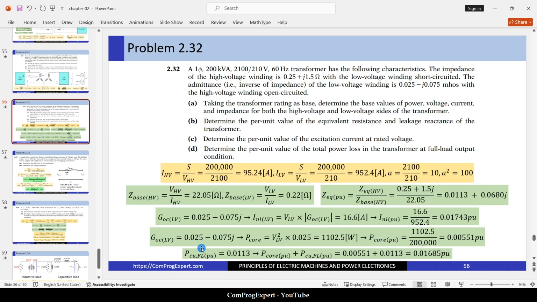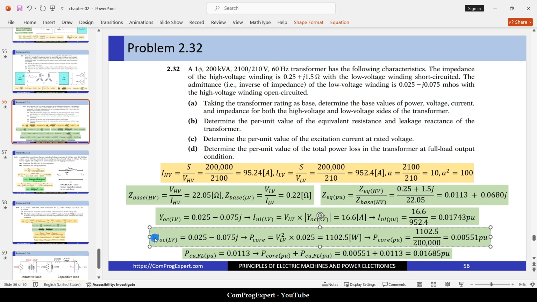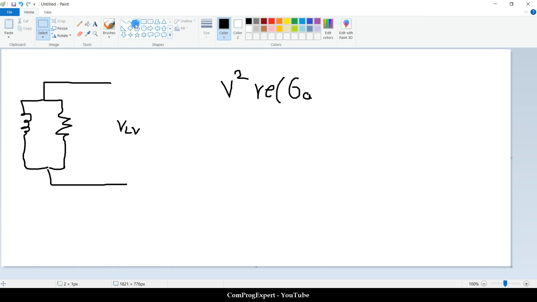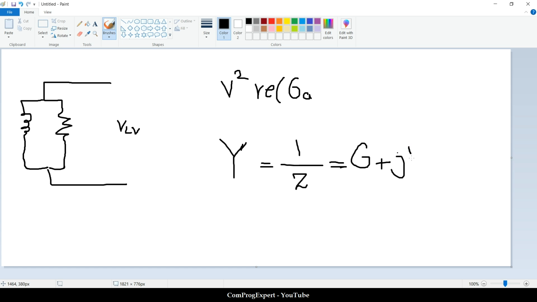So yes, I think it's better if I show the admittance using the correct letter. You know that the admittance is the inverse of the impedance. Admittance is 1 divided by Z, that is equal to conductance plus j times B, the susceptance.